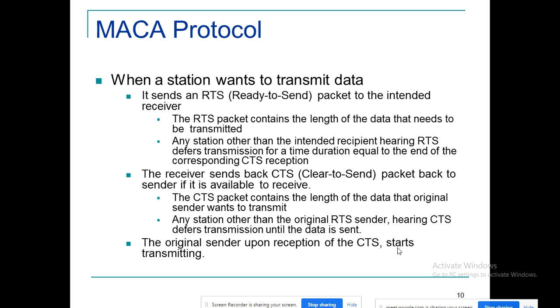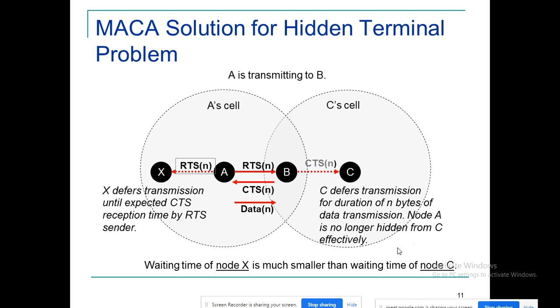If you are free, you are ready to send, that is RTS. If you are ready to receive, you send CTS. That's what RTS and CTS do. So using the RTS/CTS protocol, how could I solve the hidden terminal problem? You could see that it sends RTS in both directions.